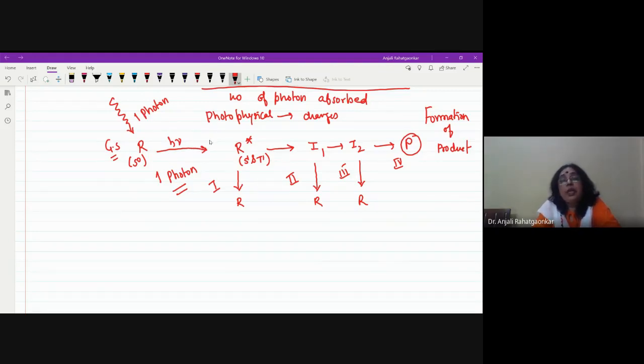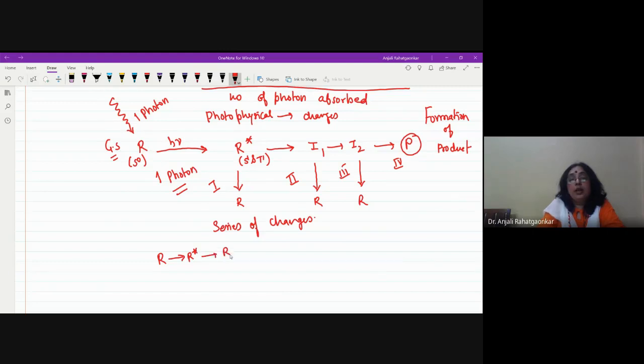But in the general mechanism, if I am using h nu, one photon for the reaction, I will get a series of changes. The first is R to R star, and again R. This is the first change.